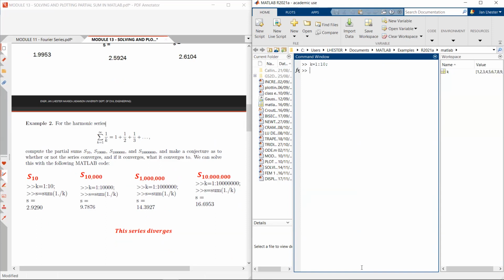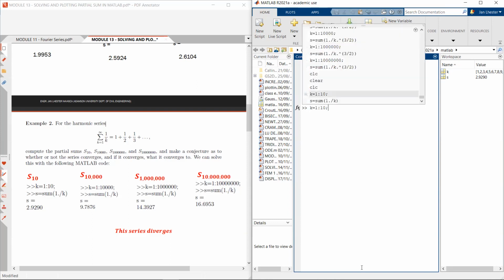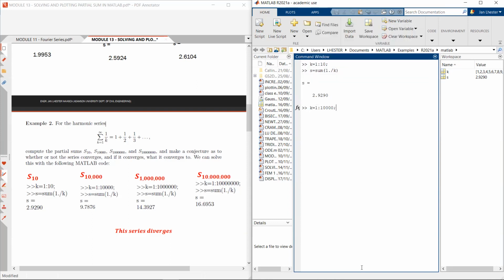Then we create a partial sum for 1 over k. The partial sum is the sum of 1 dot, element wise. Before you put an operator, you need to put a period. Then k. You get 2.920. Taking the partial sum of 10,000 terms, you get 9.7876.